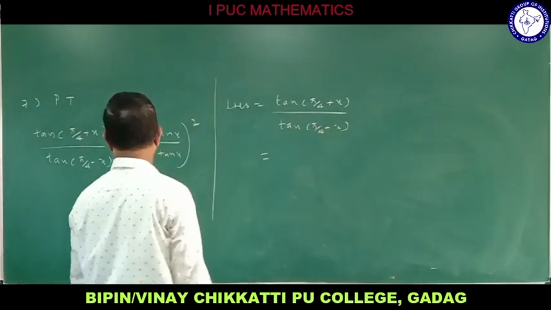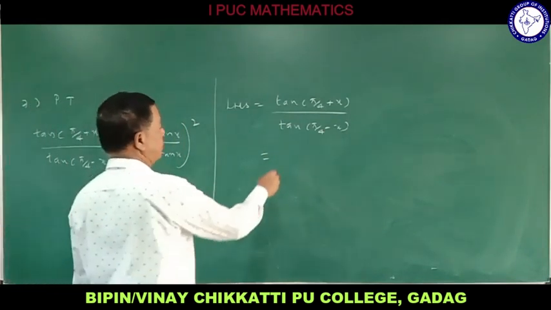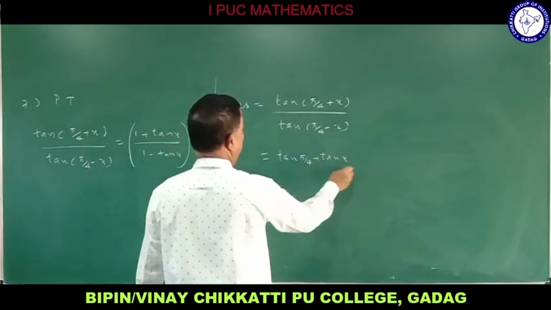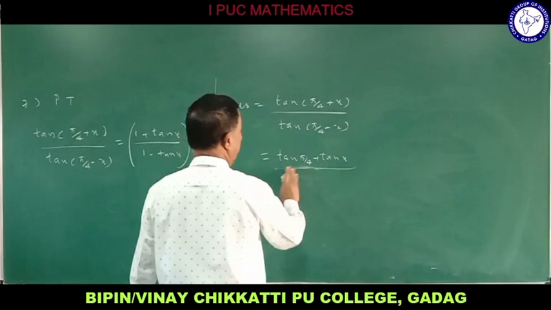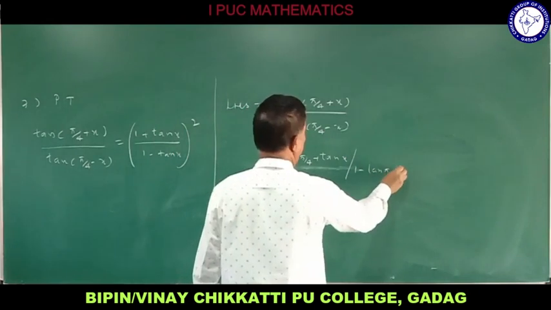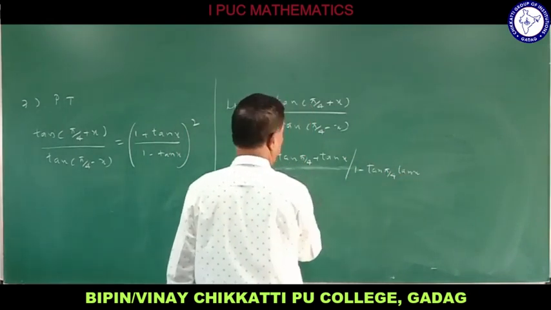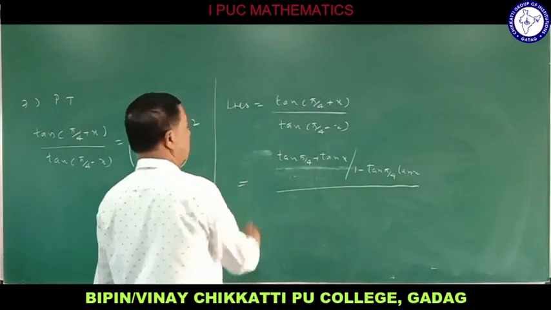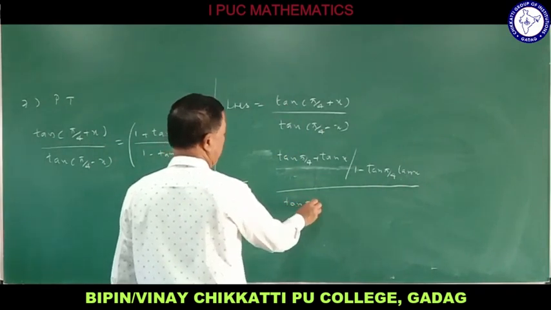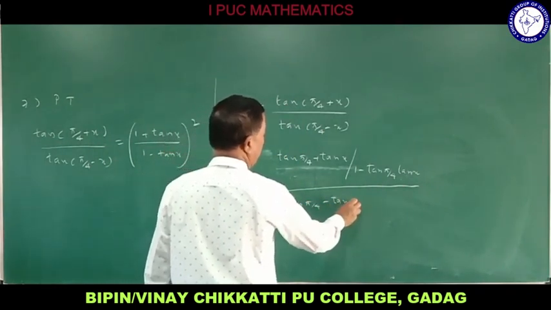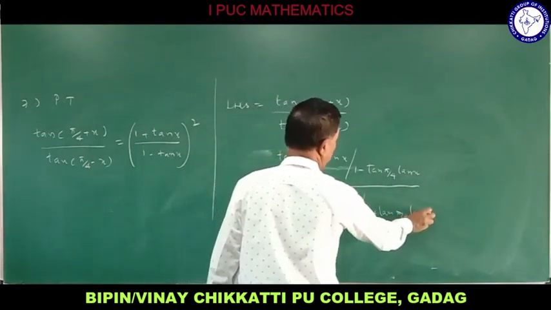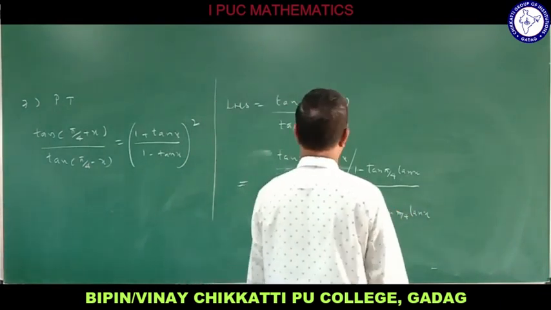The formula you know: tan of (a plus b) is tan a plus tan b divided by 1 minus tan a tan b. So tan 5 pi by 4 plus tan x divided by 1 minus tan 5 pi by 4 into tan x, divided by tan 5 pi by 4 minus tan x divided by 1 plus tan 5 pi by 4 into tan x. So the simplified form you can write.